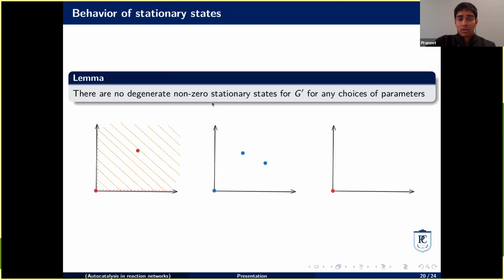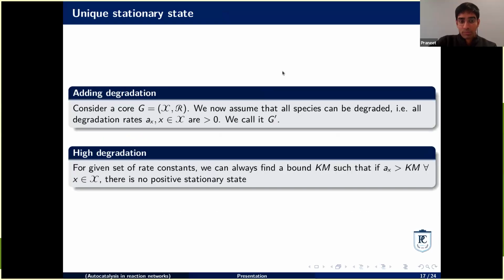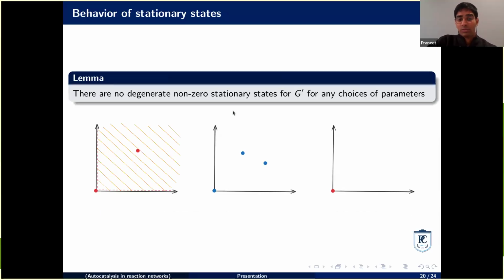Then one lemma that is used in this proof is that there is no degenerate non-zero stationary state for G prime for any choice of parameters. G prime, remember, is the graph with the degradation rates, which are strictly positive, which will be called G prime. So for G prime, for any choice of parameters, if there is a positive degradation rate, there is no degenerate non-zero stationary state.